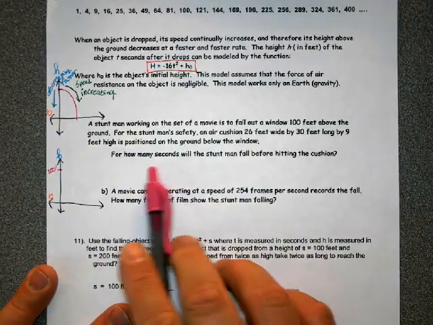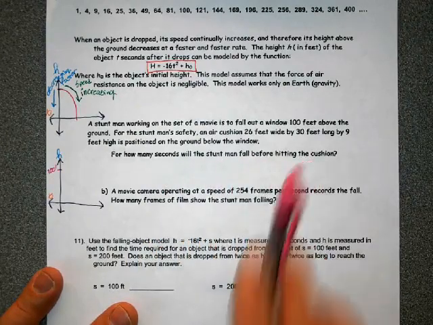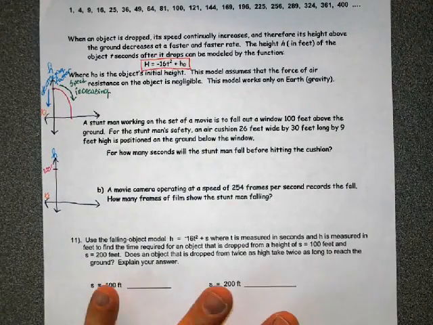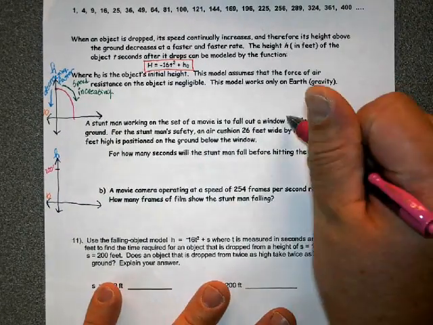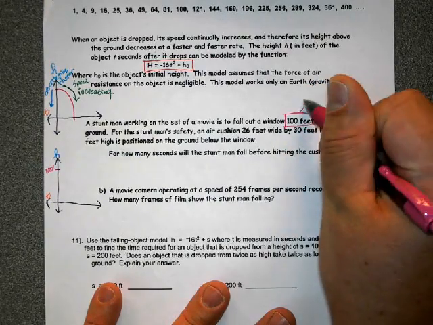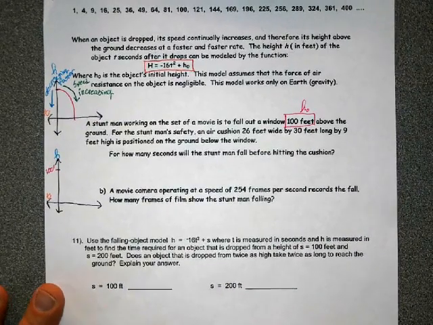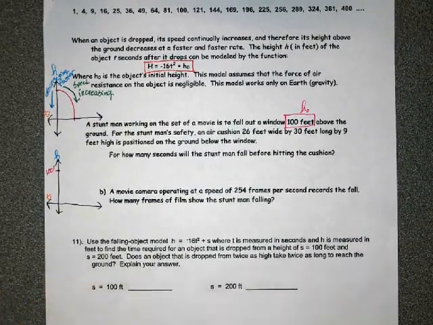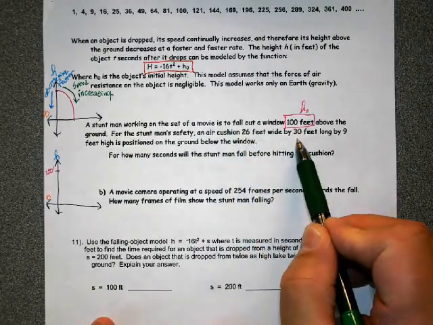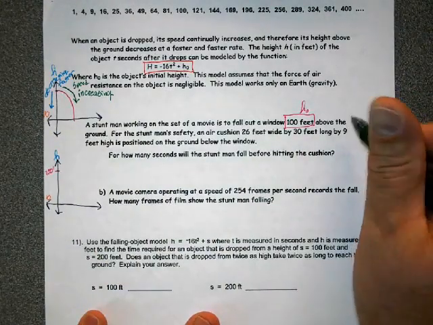For how many seconds will the stuntman fall before hitting the cushion? All right. So let's pick out a few things. This was my initial height, right? 100 feet. That's my h of 0, my initial height. Okay, now this whole air cushion thing. I really don't care how wide it is and how long it is because I'm in 2-dimension here. I'm worried about how high it is.